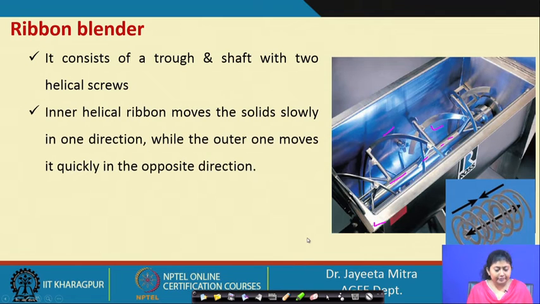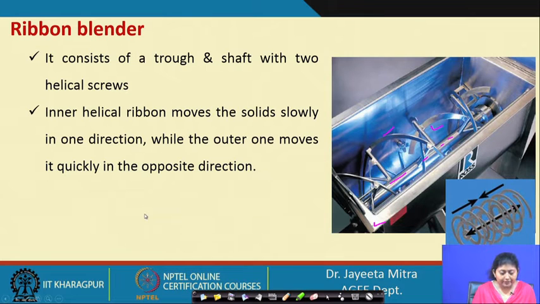So, the inner helical ribbon moves the solid slowly in one direction as the convective mixing takes place, while the outer one moves it quickly in the opposite direction.